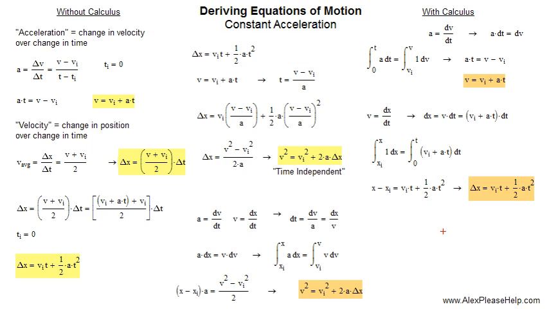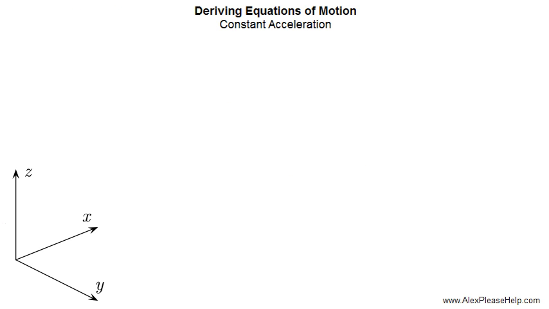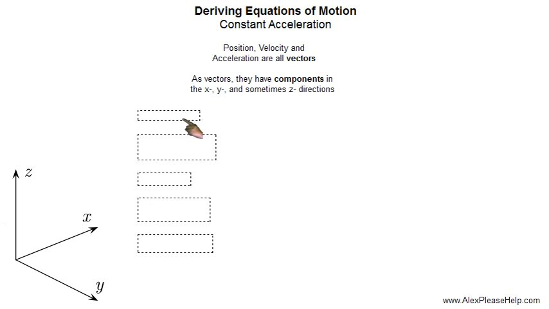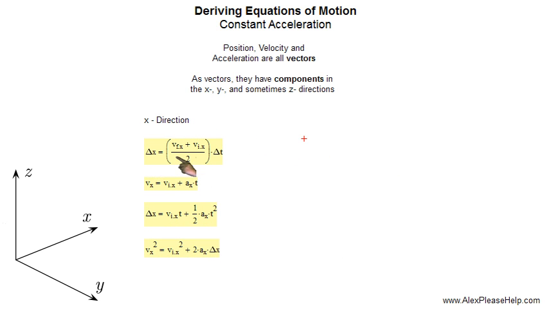Okay, so those are the equations. What's very important to realize is that these, the 3 components we have, position, velocity, and acceleration, are all vectors, which means they have an x, a y, and a z component. You won't always see a z component, but technically it's there. Usually it's just 0. But if things are moving in 3 dimensions, you have to worry about the z. So, given the equations, you have to be mindful when you talk about velocity, position, acceleration that you specify which component you mean.